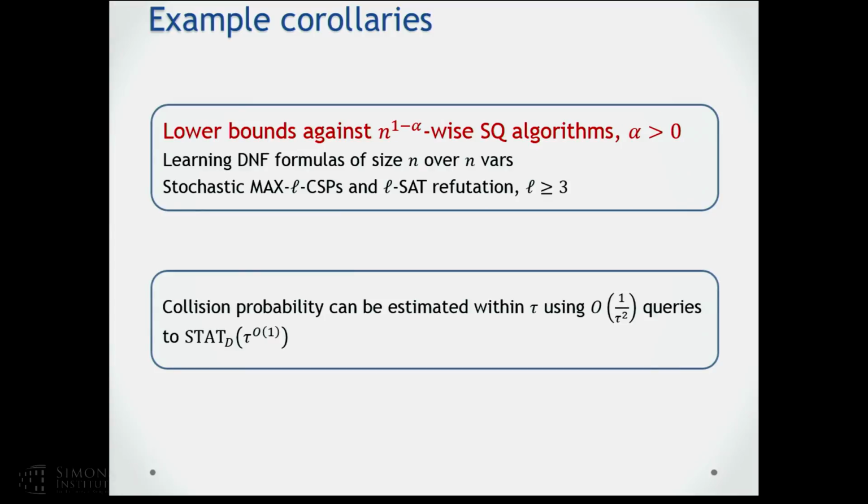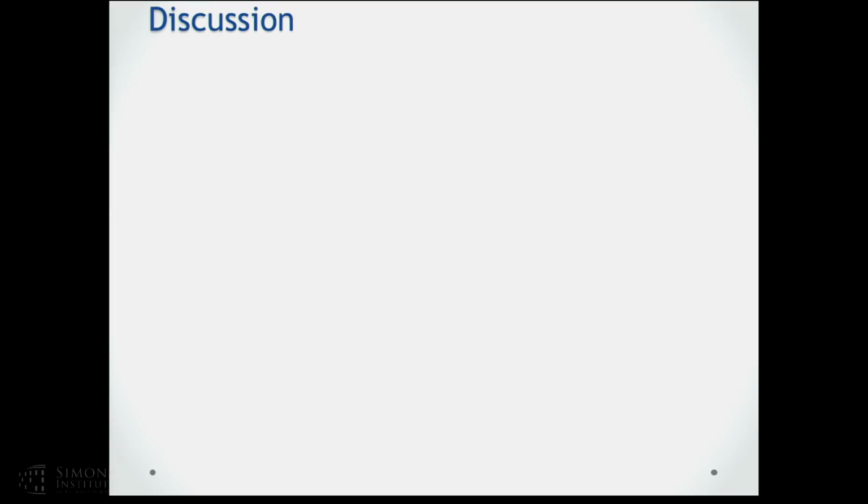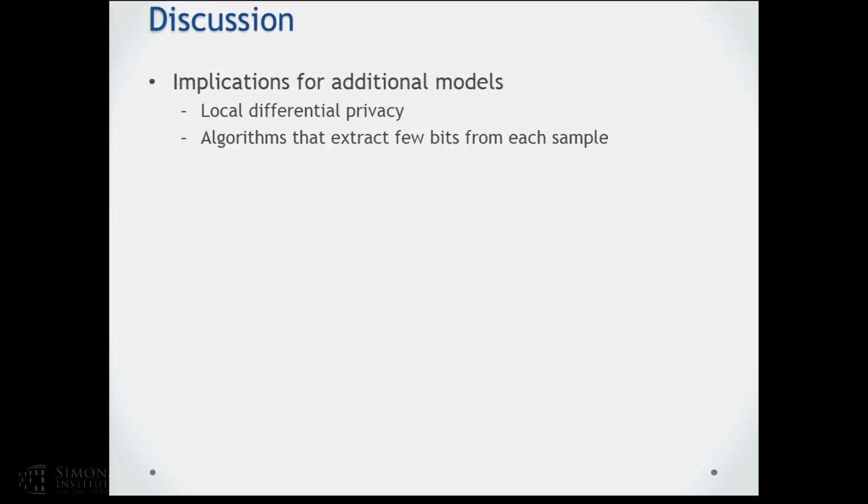And the second type of corollary is that we can, for example, show that collision probability can be estimated within tau using just 1 over tau squared queries to the oracle, with polynomial dependence on tau in tolerance. It's not so easy to prove directly, but in our case, it just follows from equality having small randomized communication complexity. So we also have some implications for related models.